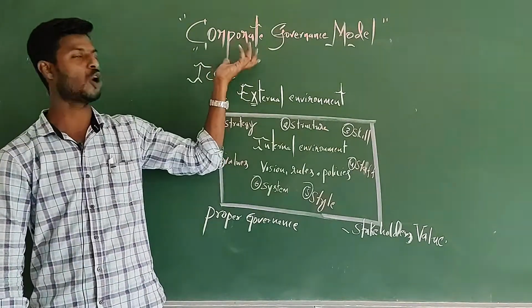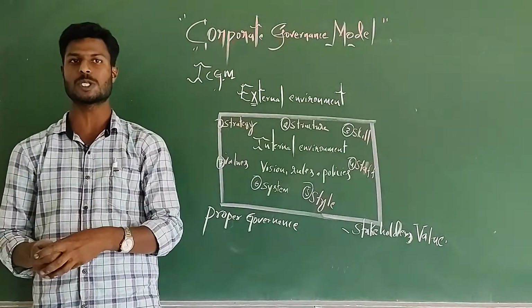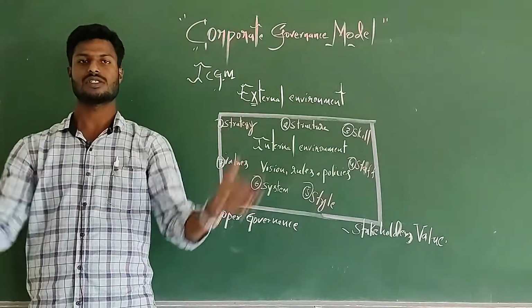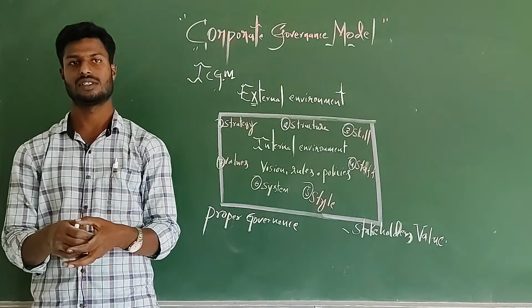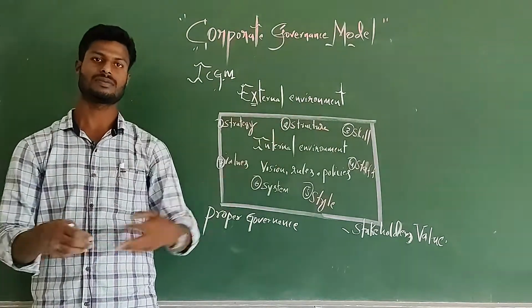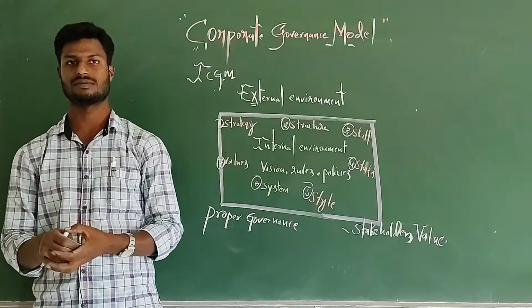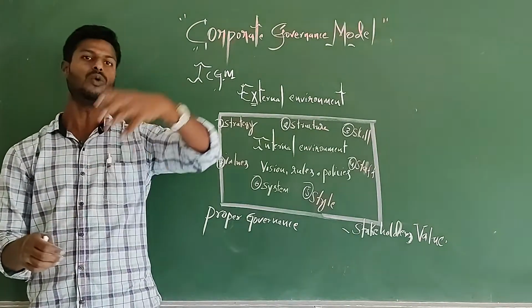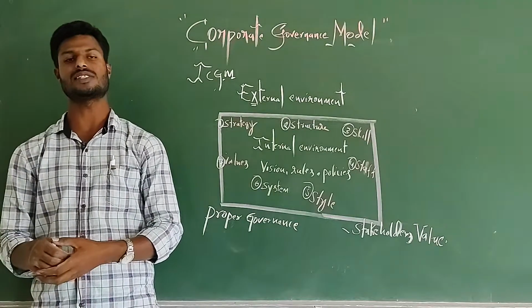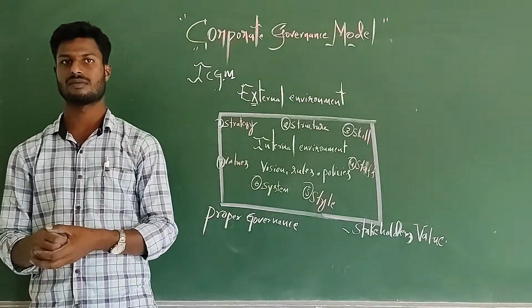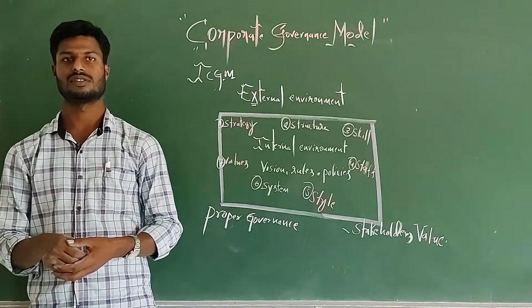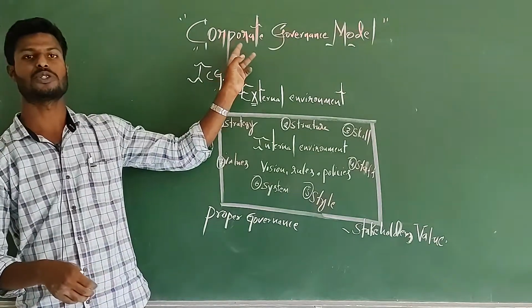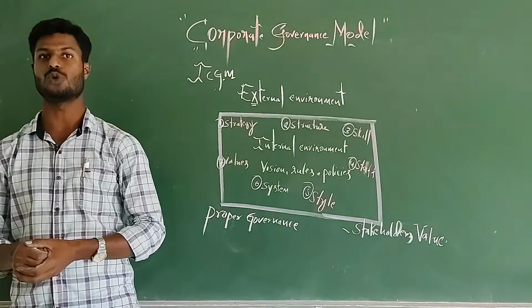Because of the good corporate governance in their internal environment, they are reaching prosperity. They are moving towards new business areas. They are moving with unique services and new products to the customers. All these because of good corporate governance. Do remember this.